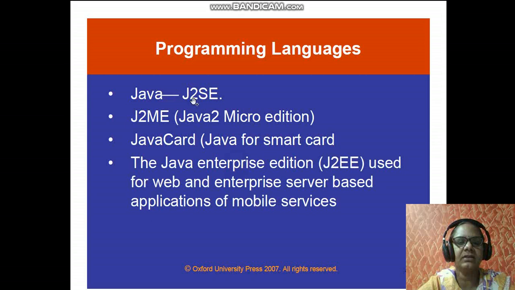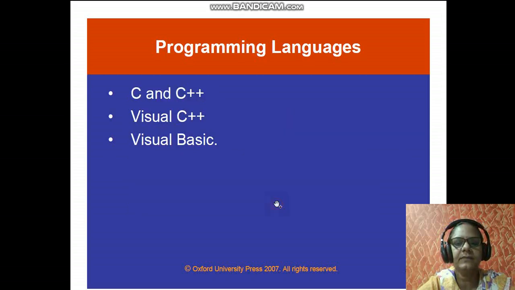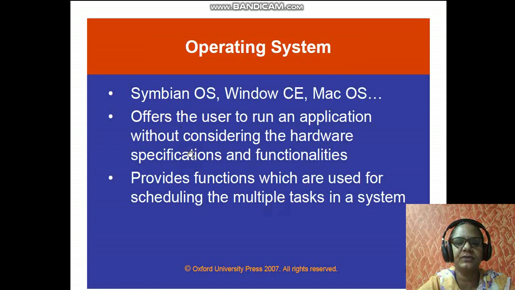It is Java, J2SE, J2ME, Java 2 Micro Edition, Java Card, that is Java for Smart Card, Java Enterprise Edition, J2EE, used for the web and the enterprise server based applications of the mobile services. The other programming languages are C and C++, Visual C++, Visual Basic. And the operating systems being supported by the mobile are Symbian OS, Windows CE, Mac, Android.